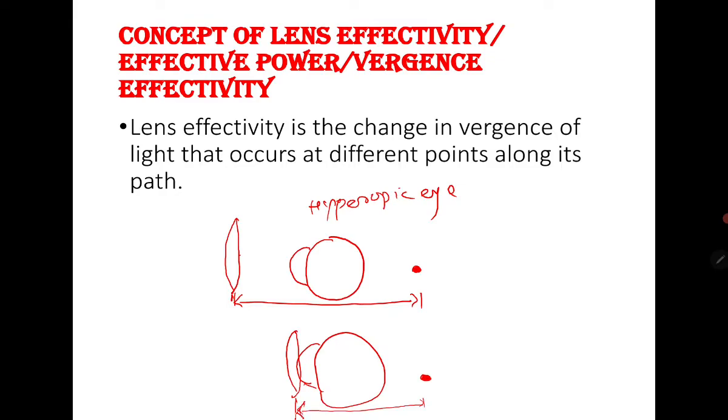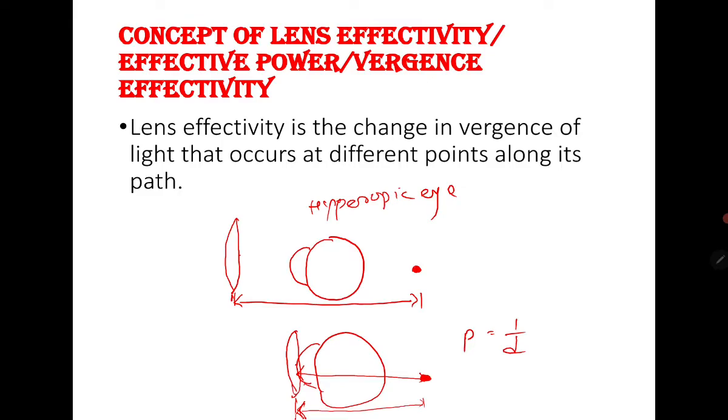Now we can understand, if distance reduces, power is 1 by d. So the contact lens power must be increased to put the secondary focal point here at the far point. There is no other option.